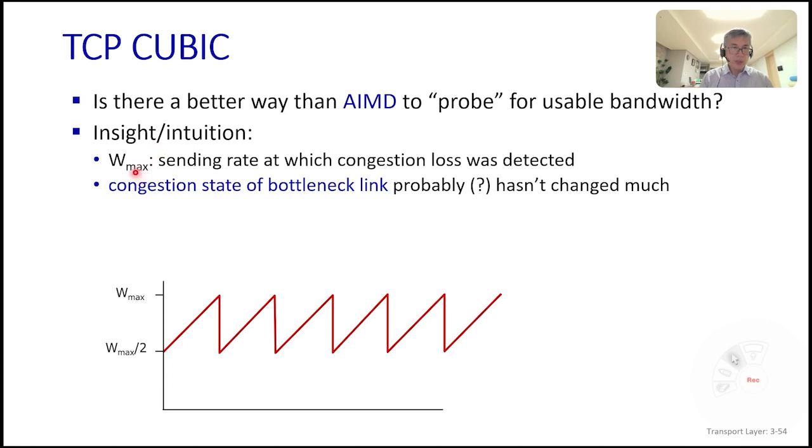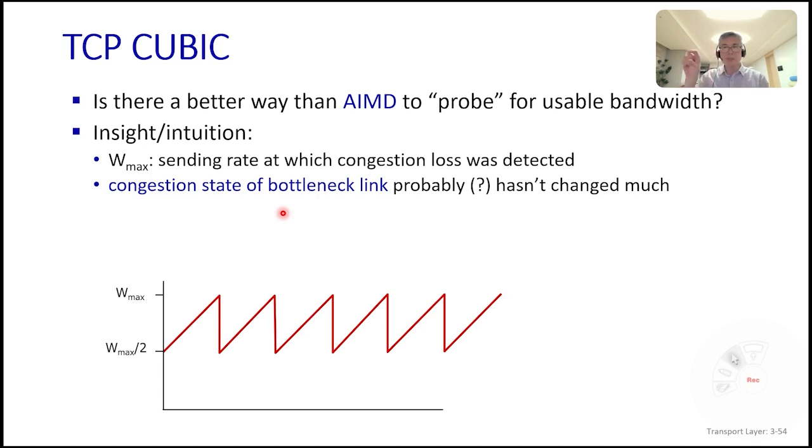So W max is the sending rate at which congestion loss was detected. Congestion loss means the 3 duplicate ACKs. So this is the congestion state of a bottleneck link. The bottleneck is important, right? We have a pipeline. A certain part of the pipeline is very wide, and a certain part is very narrow.